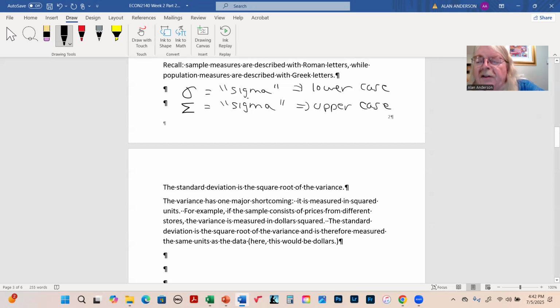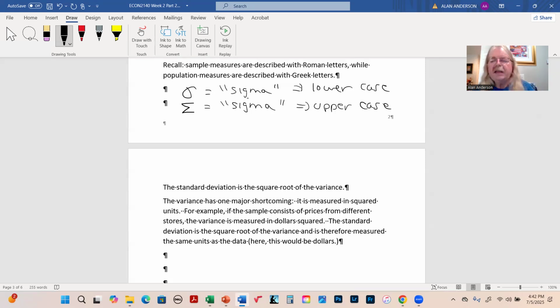So the standard deviation is just a way of making the units more convenient. It's the same principle. You're still calculating the distance between the elements of a sample or a population and the mean, but you're doing it in a different way. So the two of them, once you know one, you automatically know the other. They're not two separate measures.